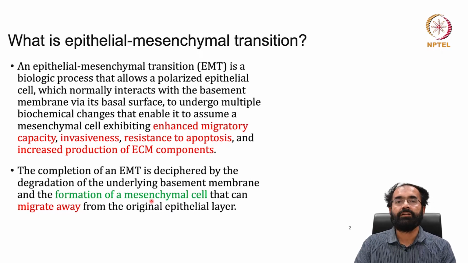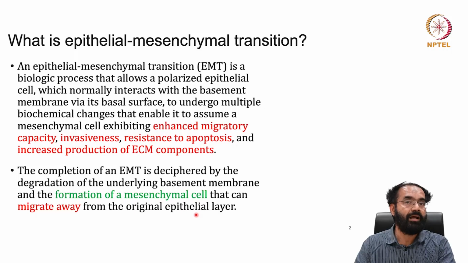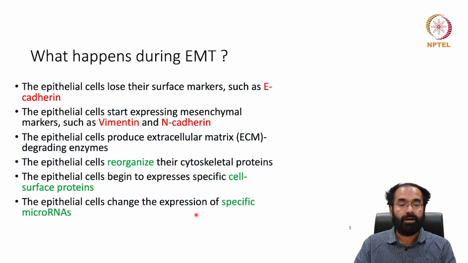Naturally, if you have a dog that is tied onto a pole, you have to remove the leash or unchain it so that the dog can be free to migrate away from the original epithelial layer. Simple logic, but it's not that you can simply detach an epithelium, because naturally it will undergo apoptosis. But if it has properly become a mesenchyme, then it will not undergo apoptosis.